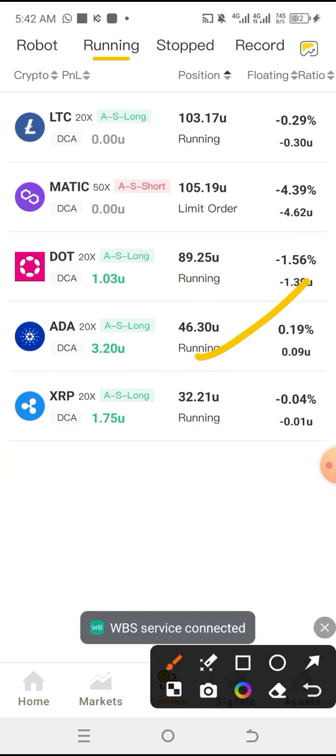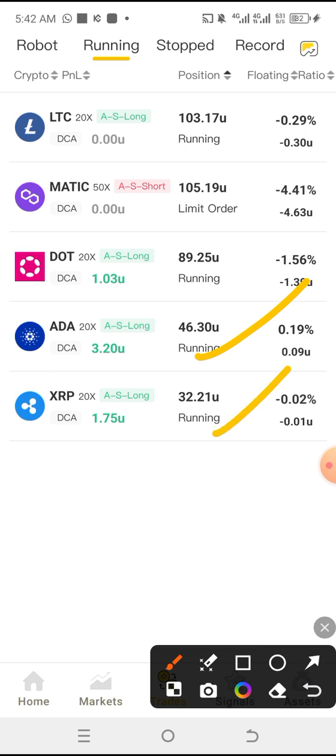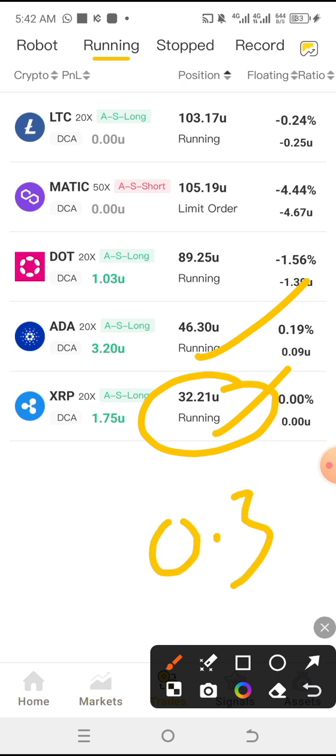But in this case, look at this. This is $46. This is $32. Most of the coins will be about $33. So now, if it goes your way, you'll be earning $0.3 here.